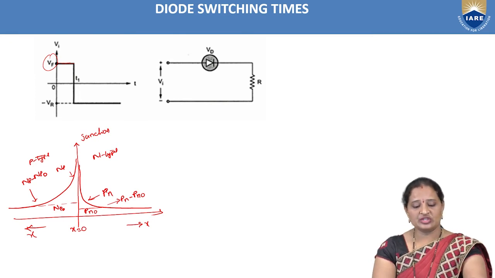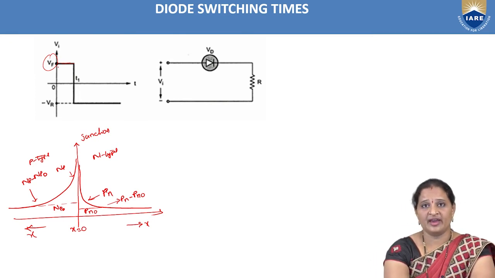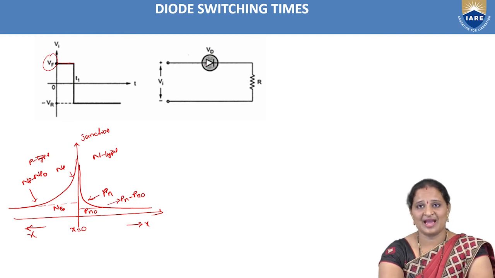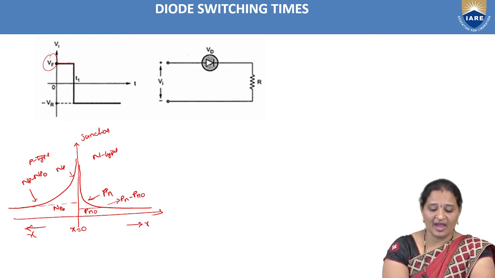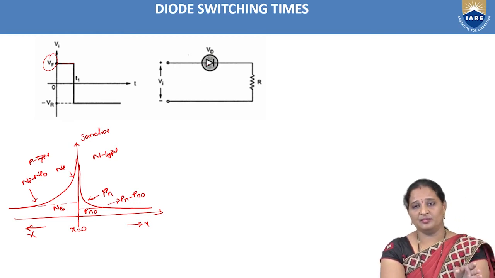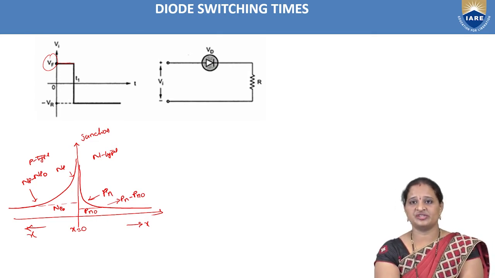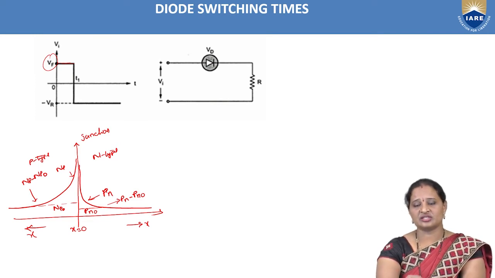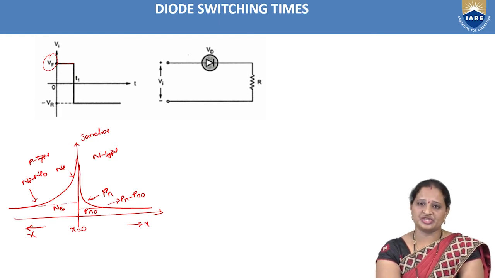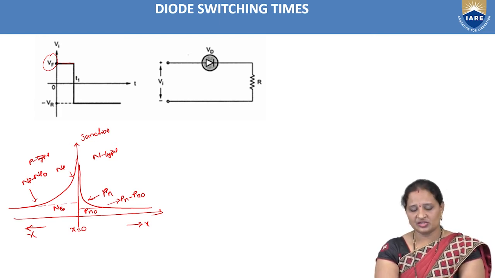So during VF, the diode is forward biased, and the majority charge carriers cross the junction, and they become minority charge carriers on the other side of the junction. The carrier concentration decays exponentially as we move away from the junction.